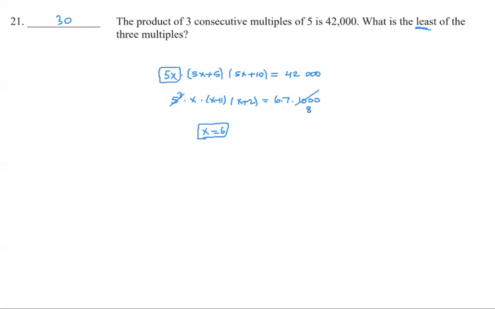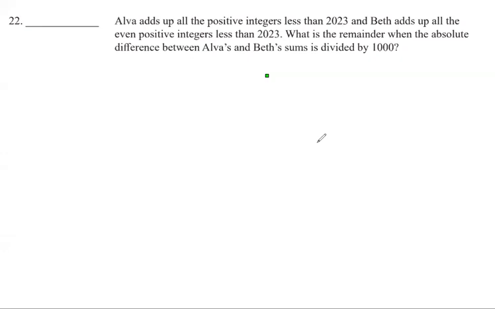So let's look at the next one. Number 22: we have someone, A, who adds all the positive integers less than 2023. So 1, 2, 3, all the way to 2022.